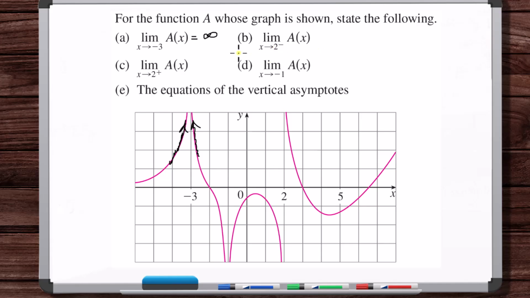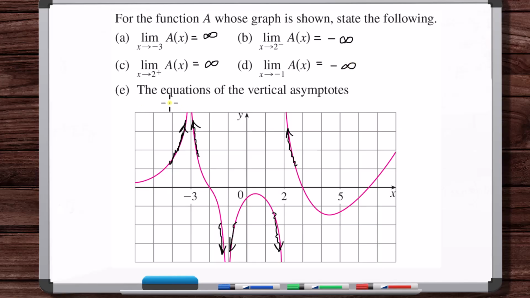Okay, as x approaches 2 from the left, the function is approaching negative infinity, and that's all they asked for, just 2 from the left, this is approaching negative infinity. 2 from the right, positive infinity, and as x approaches minus 1 in general, we have to analyze both sides, they're both approaching minus infinity.